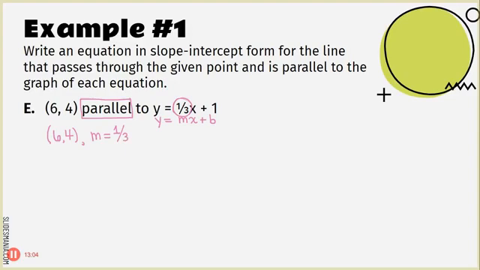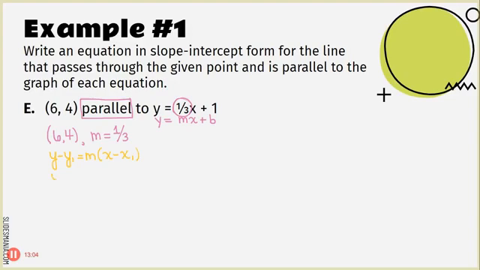So once I have my point and my slope, I substitute those into the point-slope form, which is y minus y1 equals m times x minus x1.